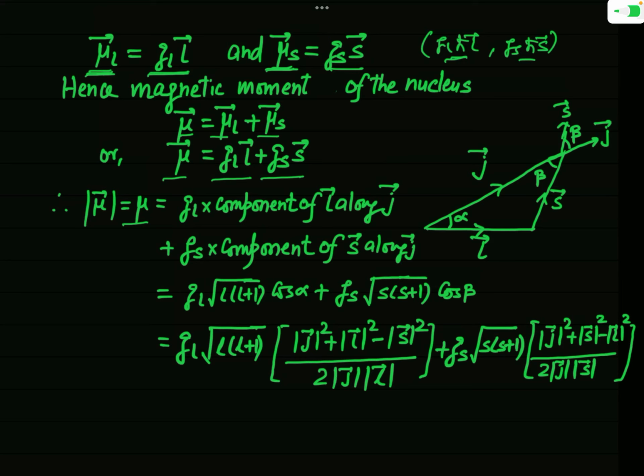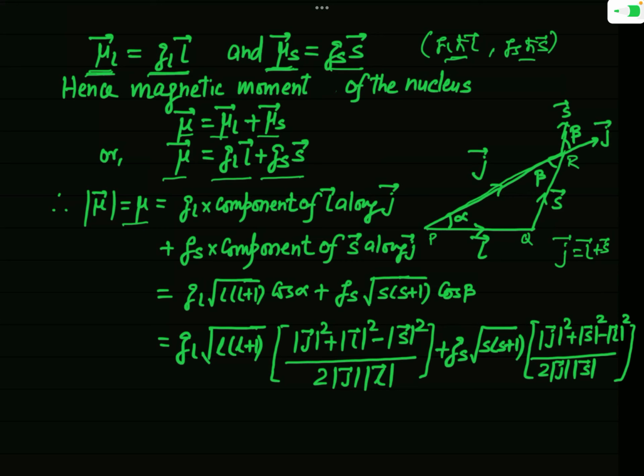See here, in this triangle I have denoted the vectors L, S and J. As you know, J is equal to L plus S. So according to the triangle of addition, if you represent this L vector by this line, suppose PQ, and the S vector by this QR, then this line PR will represent the vector J. This is just the triangle of addition of vectors.